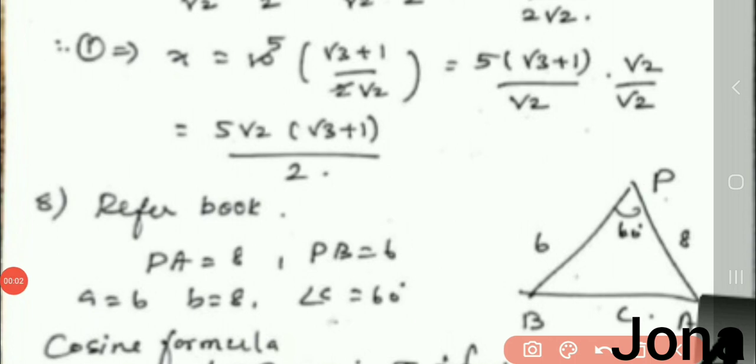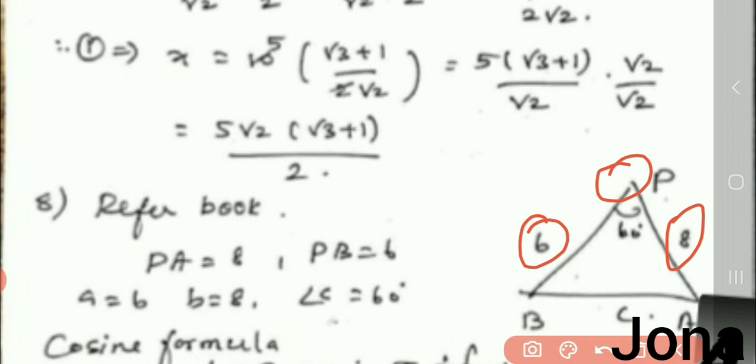Eighth problem. A researcher wants to determine the width of a pond from east to west, which cannot be done by actual measurement. From a point P, he finds the distance of the easternmost point of the pond to be 8 km, while the distance to the westernmost point from P is 6 km.